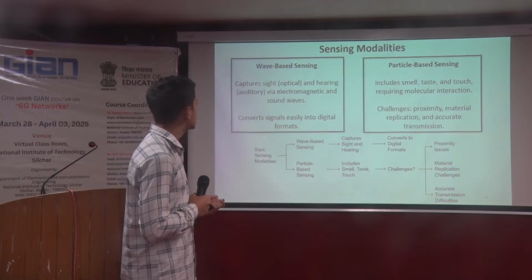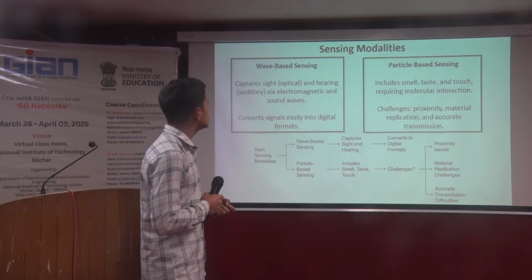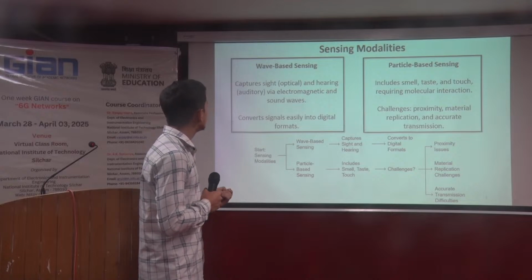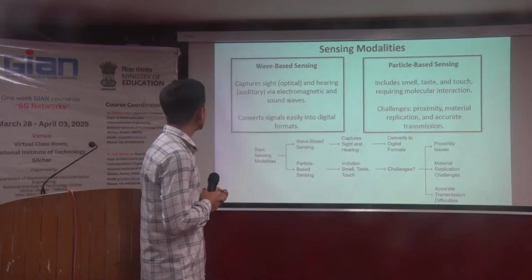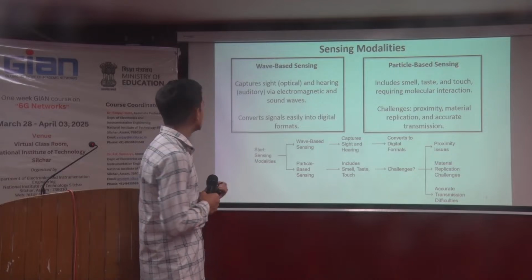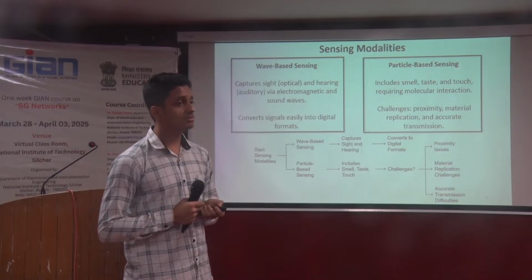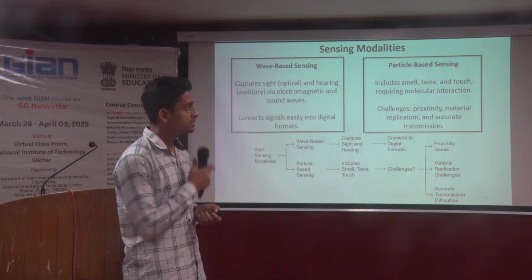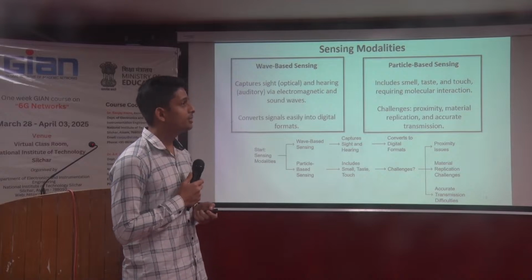There are basically two types of sensing modalities. One is wave based sensing, and another is particle based sensing. What is wave based sensing? In wave based sensing, we talk about the wave nature and how we can communicate with its help.